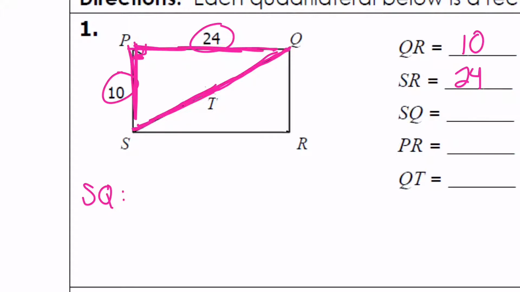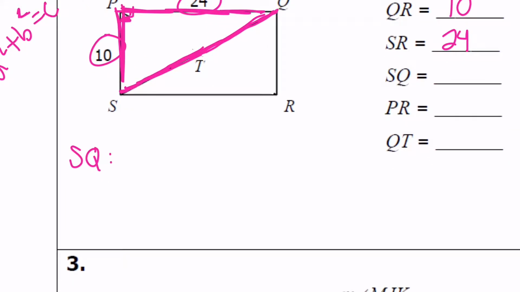by using my Pythagorean theorem, which remember is a squared plus b squared equals c squared. Okay, so SQ is my hypotenuse, so if I label that x, I can take 10 squared plus 24 squared, and that's going to give me SQ squared, or x squared.